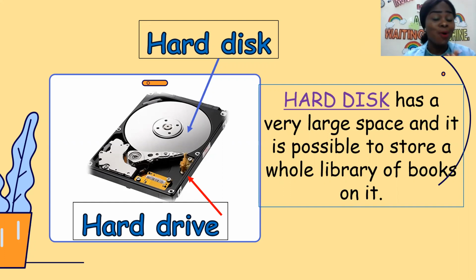You can store so many things inside the hard disk, which means the hard disk has a large capacity for storing large things, for example, your books, your songs, your videos, your projects, even things you made many, many years ago. You can store them inside the hard disk because it has a large capacity.